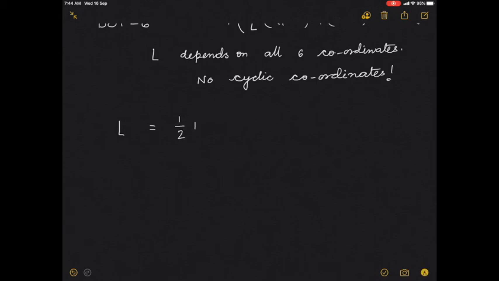One is capital R, which points towards the center of mass, and capital M is the total mass of the system, M1 plus M2. And then you know that capital R is M1 R1 plus M2 R2 by M1 plus M2. I'm not writing it explicitly because you are advanced students and presumably know all these things.